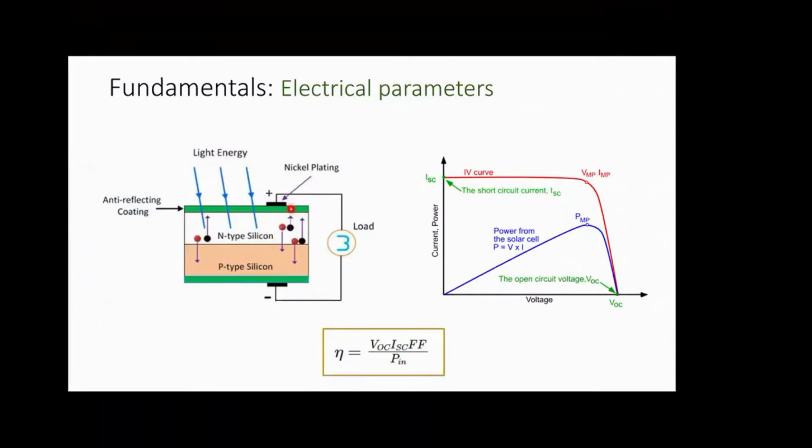So your question is whether the lifetime of holes in this hole collecting layer is important or not. This is a very important and interesting question, because if you remember what I mentioned, the lifetime is associated not only with electrons, not only with holes, it is associated with the minority carrier.